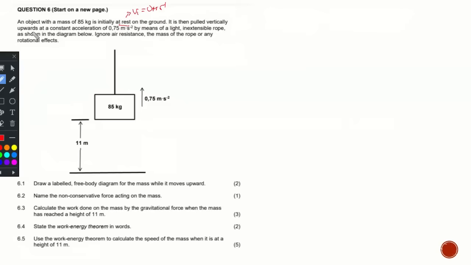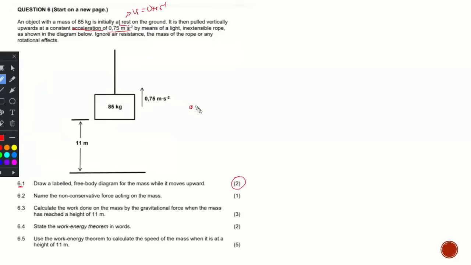It is then pulled vertically upward at a constant acceleration of 0.75 meters per second squared, an unchanging acceleration, by means of a light inextensible rope as shown in the diagram below. Ignore air resistance, the mass of the rope, or any rotational effect. Then 6.1 says, draw a labelled free body diagram for the mass while it moves upward. So this is the mass that we are talking about.